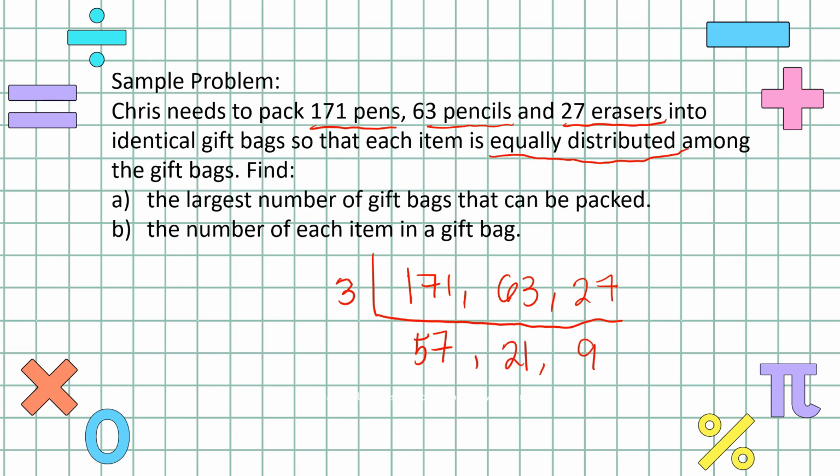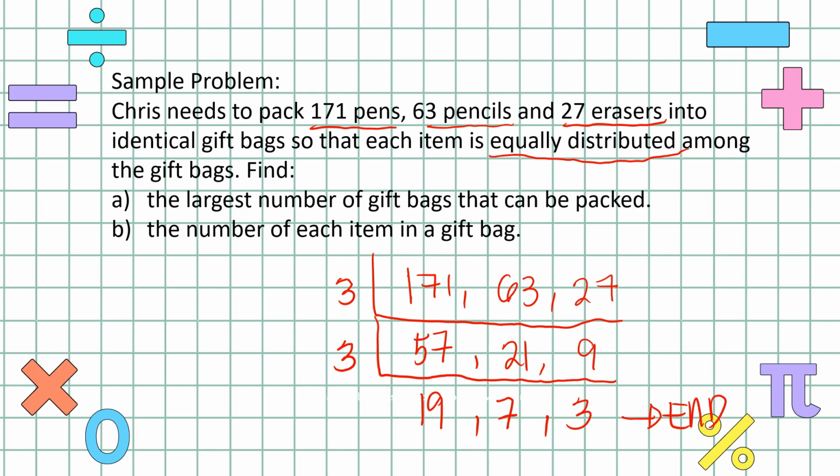Now, we won't stop yet because again, we can still see a common prime factor, and that's 3. 57 divided by 3 is 19. 21 divided by 3 is 7. 9 divided by 3 is 3. Now, this will be the end of our process since 19, 7, and 3 don't have anything in common anymore.